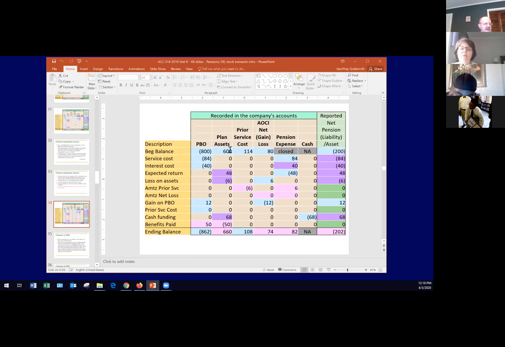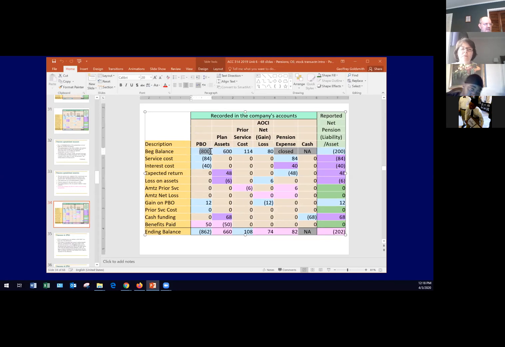So notice at the beginning of the year, the actuary estimated that they owed $800 million on the plan, and there were $600 million invested in the pension plans. So they had an unfunded pension liability of $200 million.